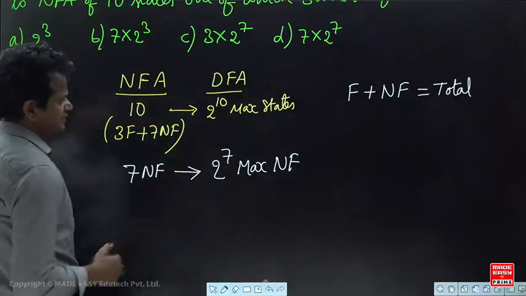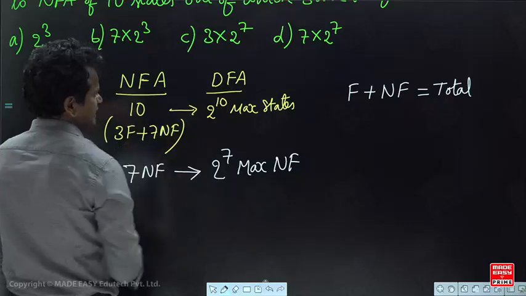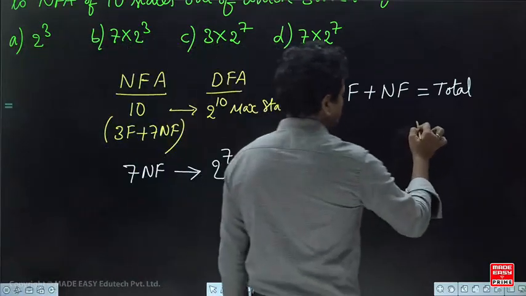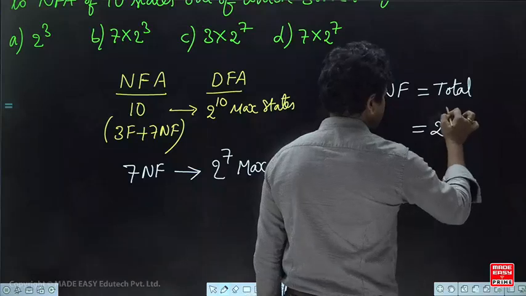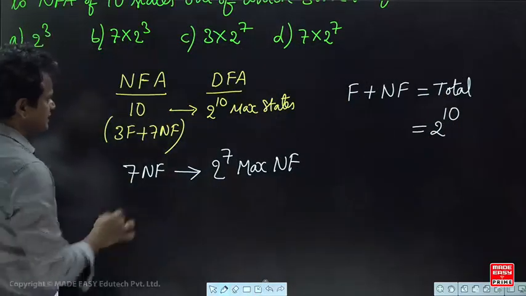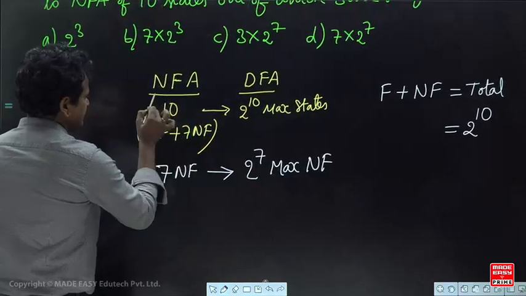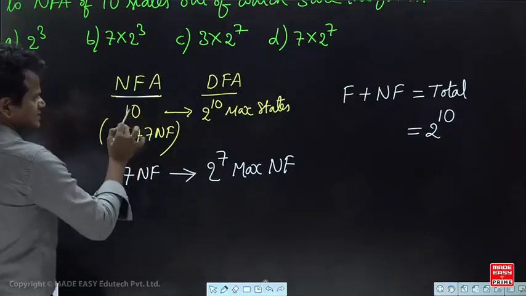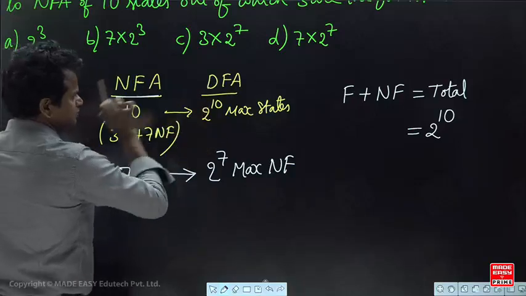Okay guys, listen. In the DFA, how many states do we have? 2 power 10. What are these 2 power 10? Both final plus non-final. Just listen. In this NFA, we have 10 states. If I convert into DFA, I will get 2 power 10.